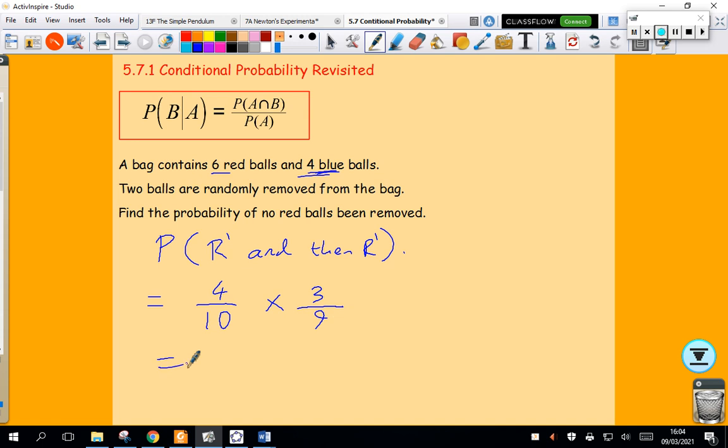Reducing that fraction, it's going to be 2/5 times 3/9, or 2/5 times 1/3, which will be 2 in 15. There's a 2 in 15 chance that neither of the balls removed from the bag will be red.